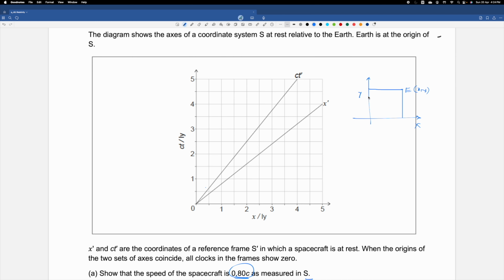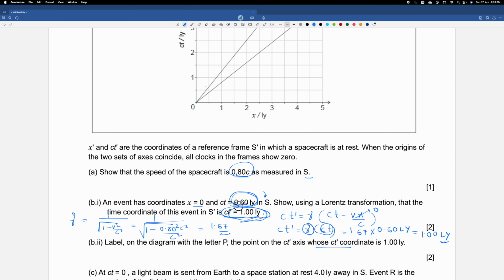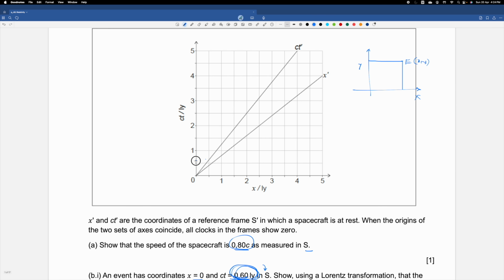So using the same logic, since we know that 1 light year on ct prime is 0.60 light year on our rest frame, you have to locate this coordinate on ct prime.